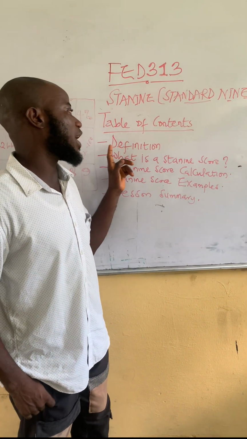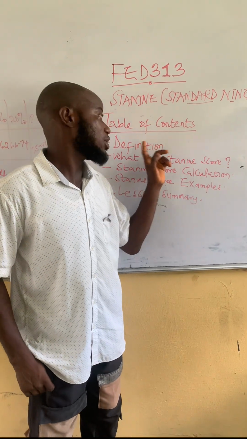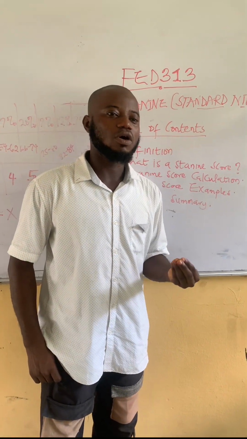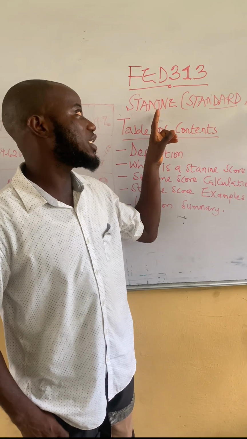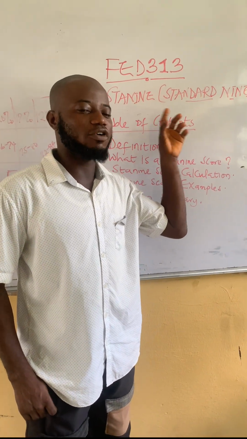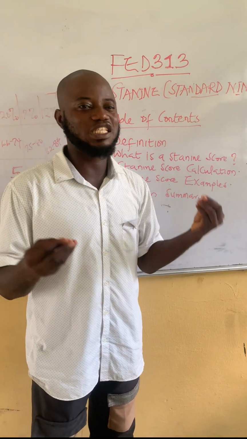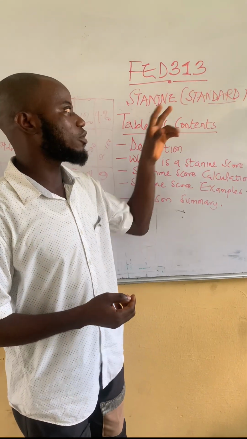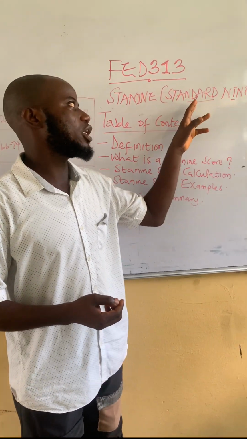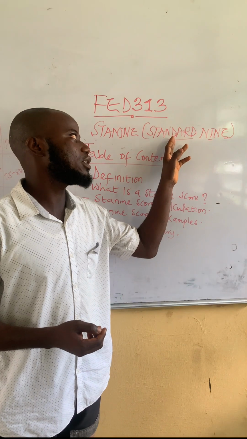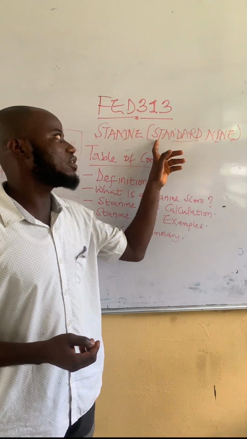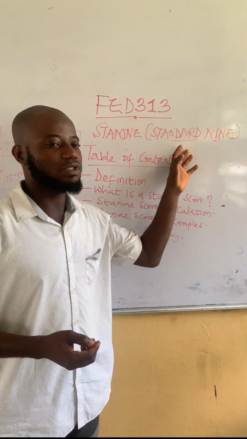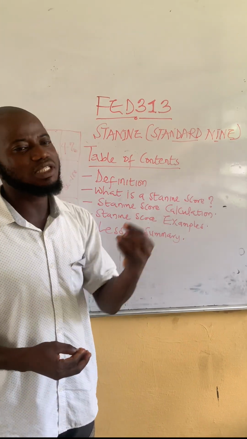The first item on our agenda is the definition. The name Stanine was derived through a process of assimilation and deletion from the words "standard nine". We delete these 5 letters, which gives us "sta" and "nine". That's how we form the word Stanine. And what is a Stanine?